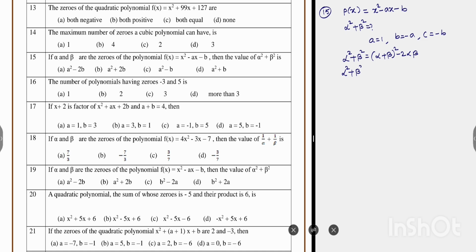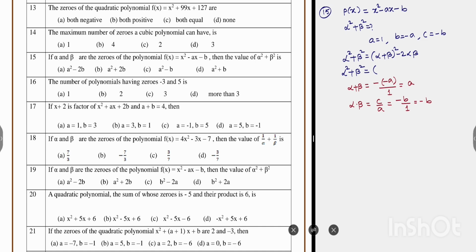Now we have to find alpha plus beta and alpha into beta first. Alpha plus beta is minus b by a, so that is minus of minus a by 1, which is a. And alpha into beta is c by a, that is minus b by 1, that is minus b. Now we substitute these two in the formula.